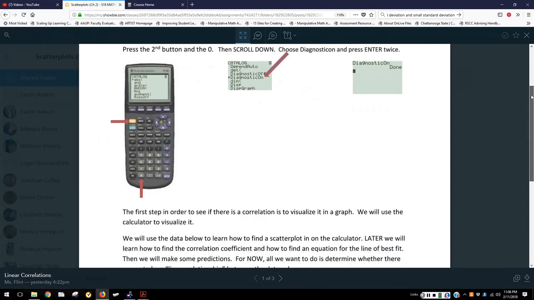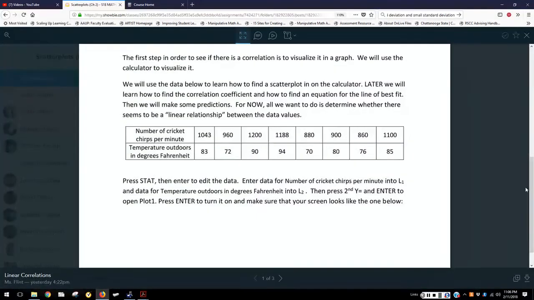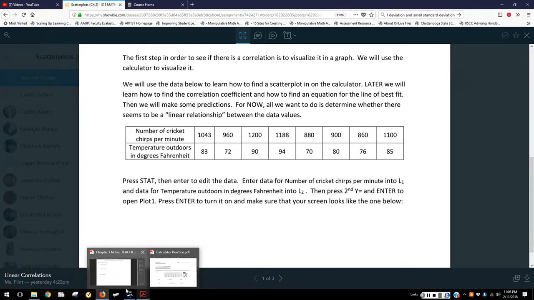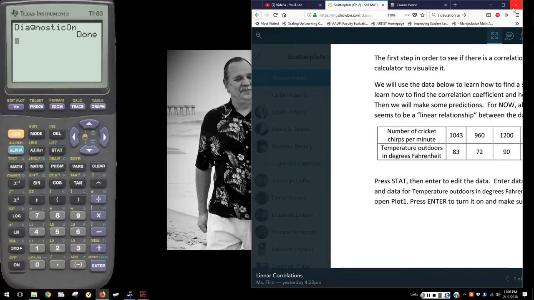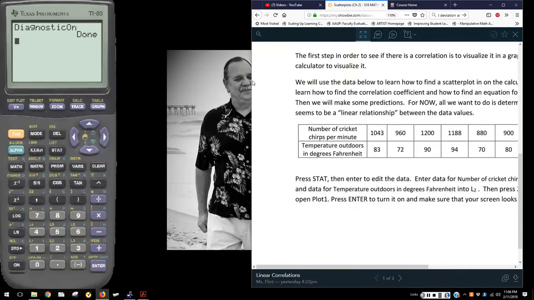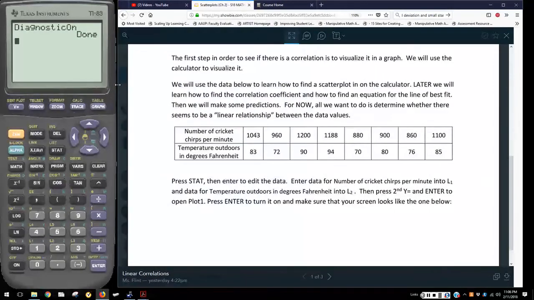What we want to do to visualize correlation is look and see if there's a correlation by looking at a graph called a scatter plot. We're going to create this scatter plot on the calculator. So I'm going to minimize that a little bit so we can see the calculator easily along with the handout.